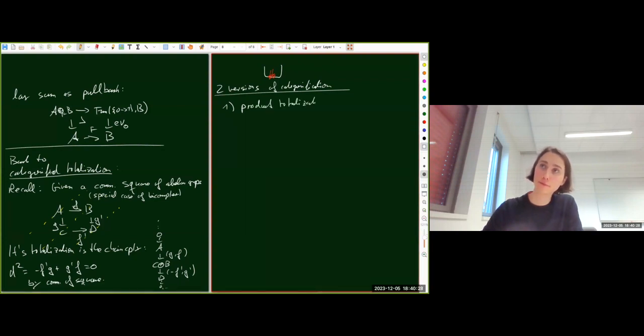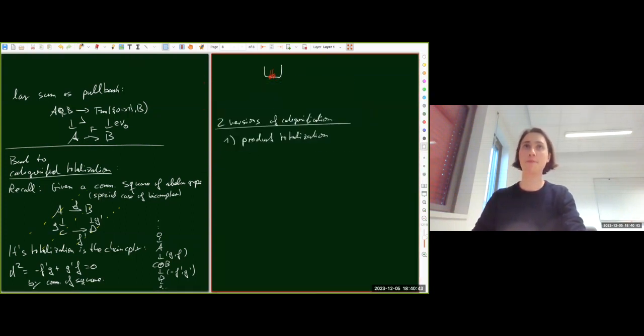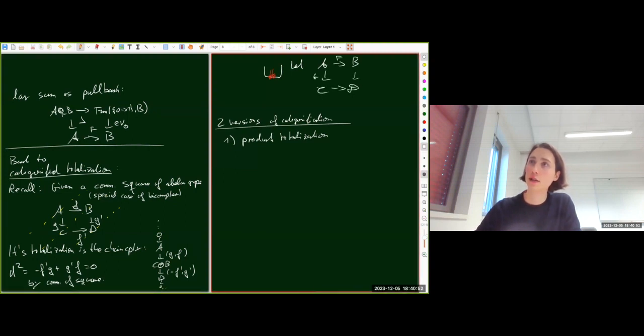Let A, F, B, C, D, G, G prime, F prime be a commutative diagram of stable infinity categories. When I say commutative, I again mean in the infinity categorical sense.